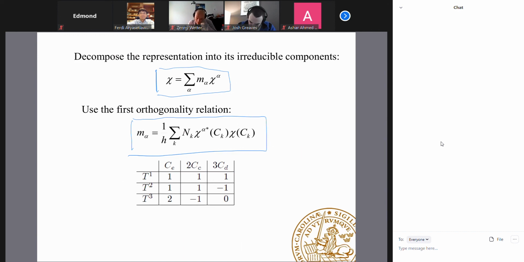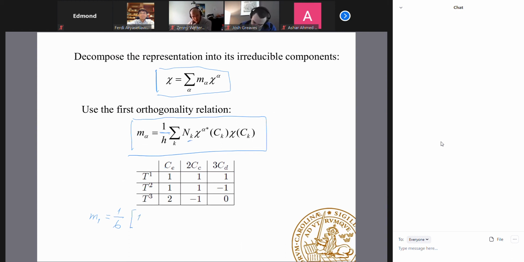All these characters always come up when we apply group theory. And it's quite easy to do this. So we calculate, for example, M1, that's alpha equal to 1. So h is equal to 6, and then that would be 1 upon 6. And then the number of elements in the first class is just 1.